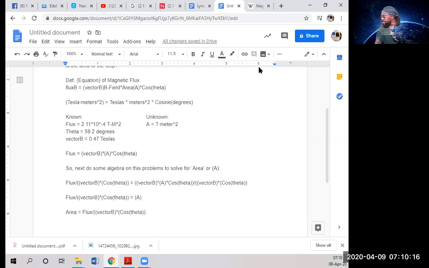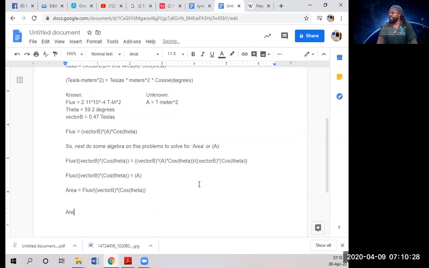So what do we got? We got our new equation for area, and this is what we wanted. We wanted our unknown to be this. And this will be once we plug in our values. So let's do that. So I end up with my area being equivalent to the flux. I just look up here, my flux, I already told you what it was, right?